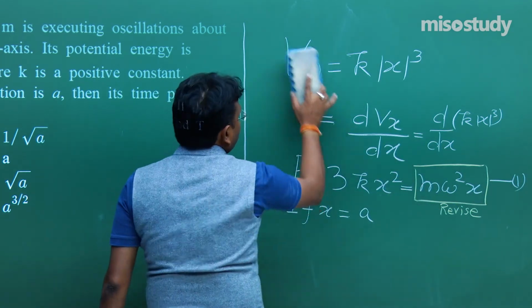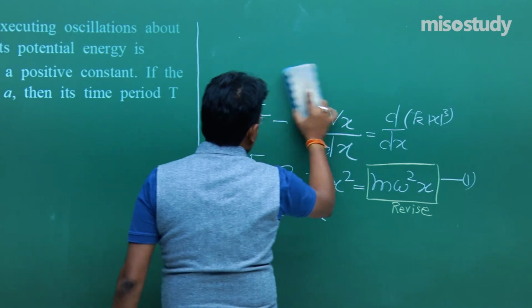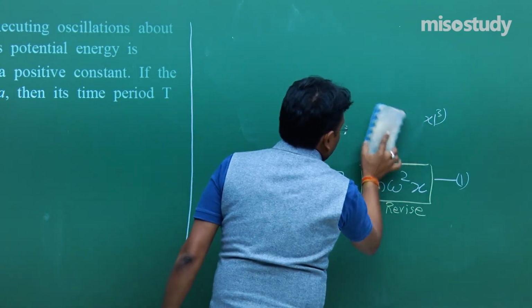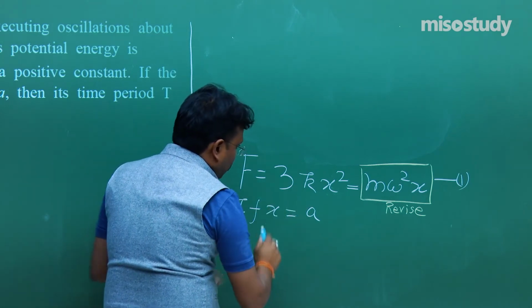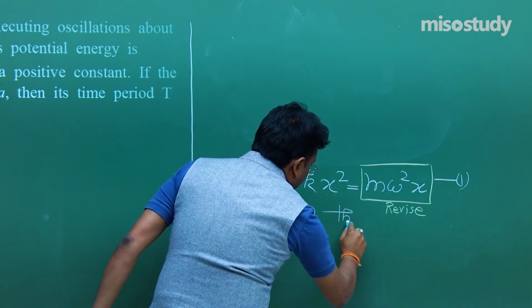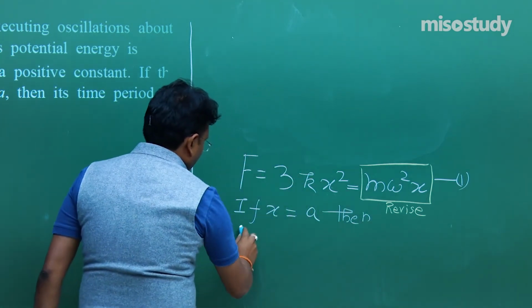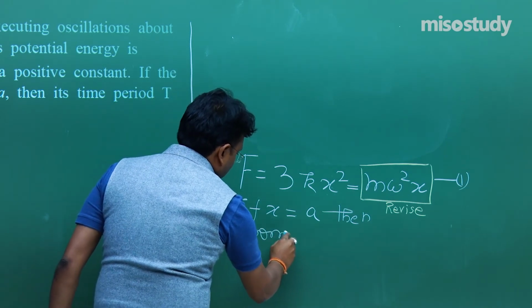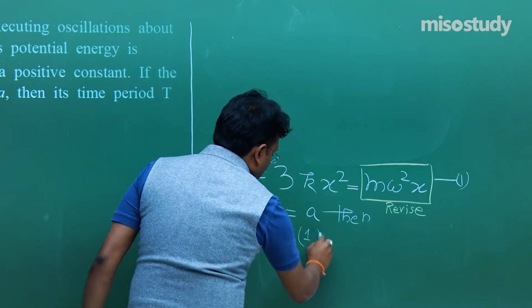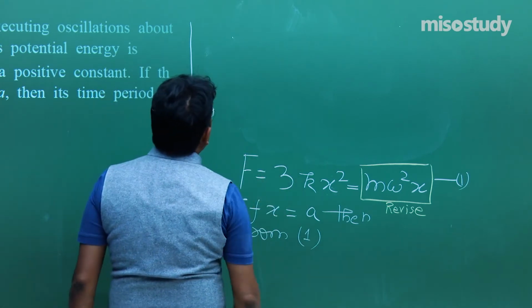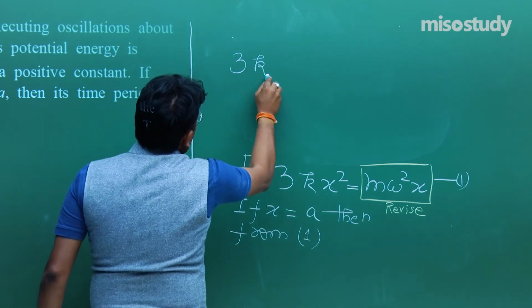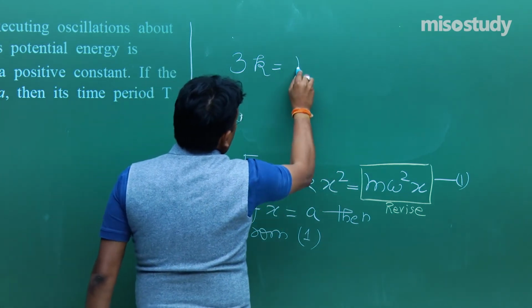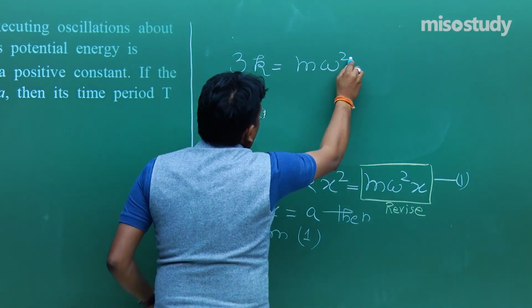And then let me write down, if x is equal to a, then from 1, what will I get? From 1, 3k is equal to m omega square.